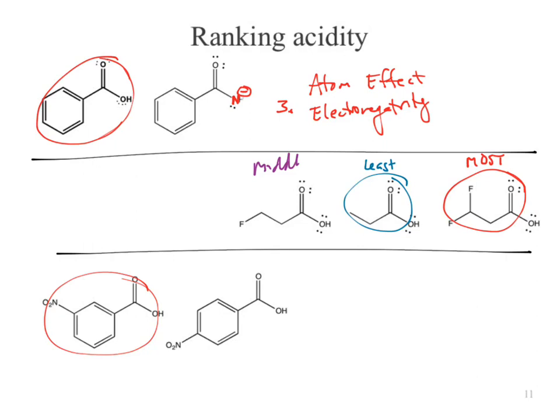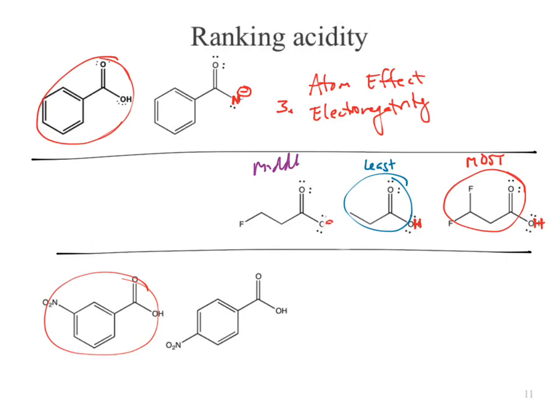Okay? The next set. Where's the most acidic hydrogen? Bonded to our oxygen. So once we know what we can compare, we can now evaluate between the structures. But we have to know what we're looking at first. Okay, so we're looking at what makes those hydrogens more or less acidic.